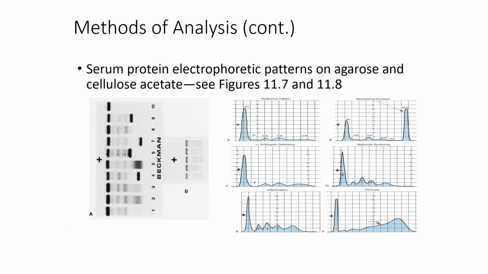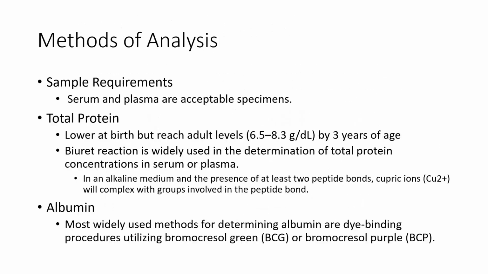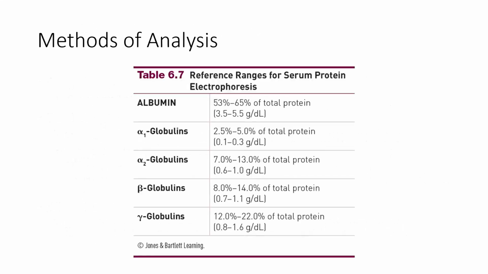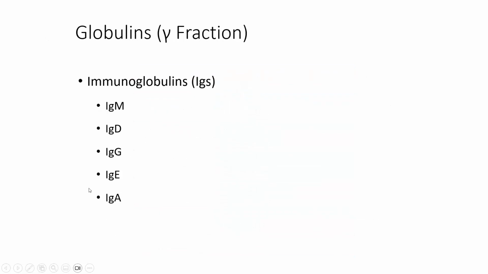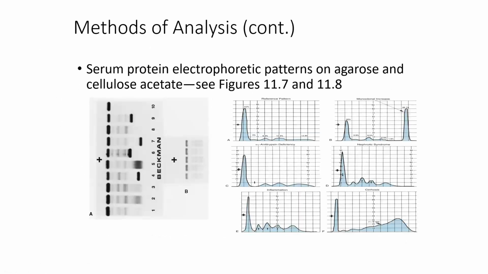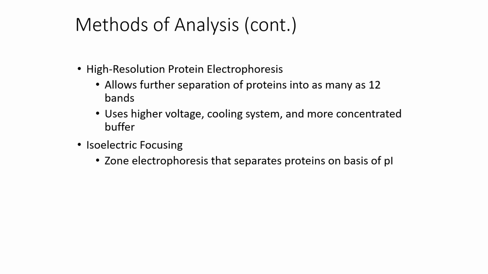The main bands I'm referring to are back here: albumin, alpha-1, alpha-2, beta, and gamma globulins. So we can see separation within those bands. And then isoelectric focusing is a different method. That's zone electrophoresis that separates proteins on the basis of their pI, their isoelectric point, the point at which they have a zero charge.